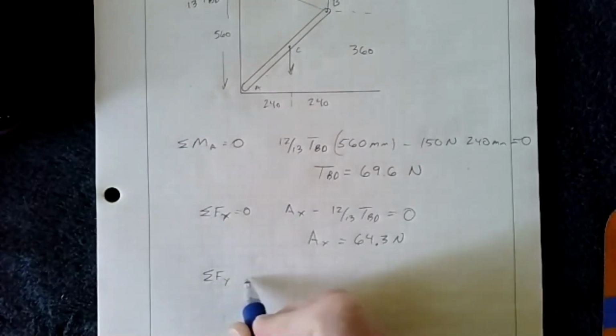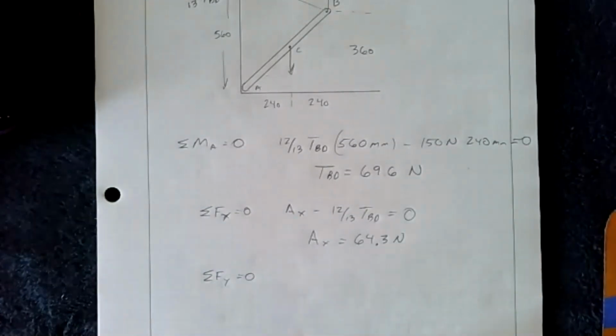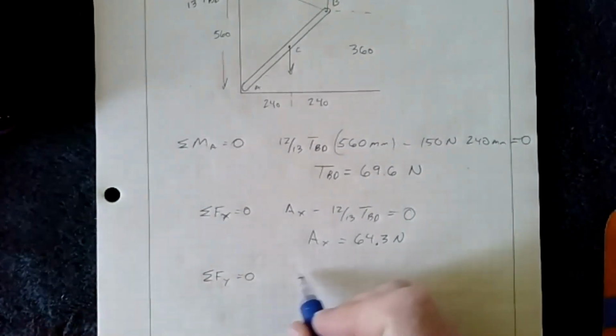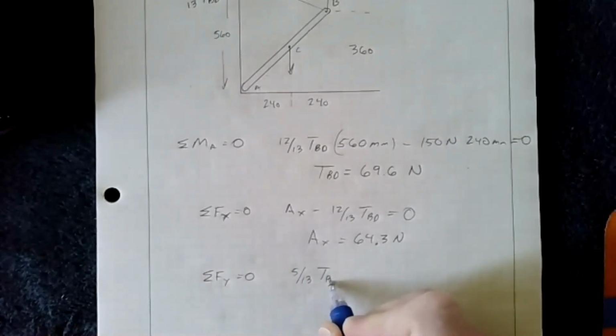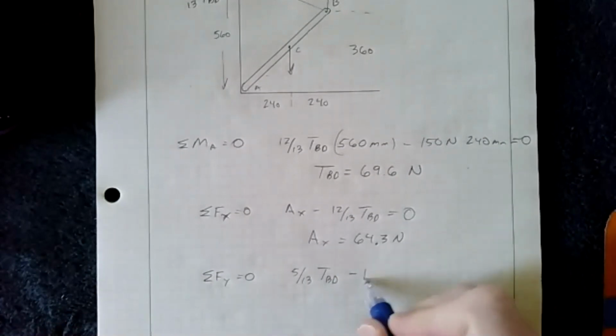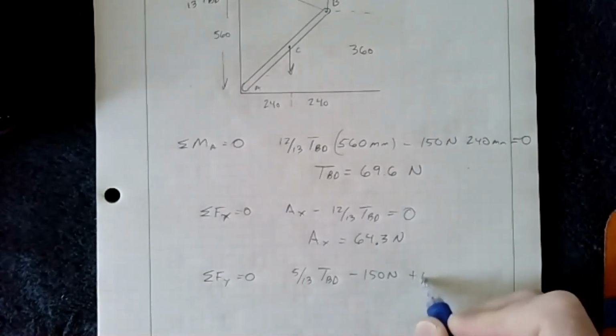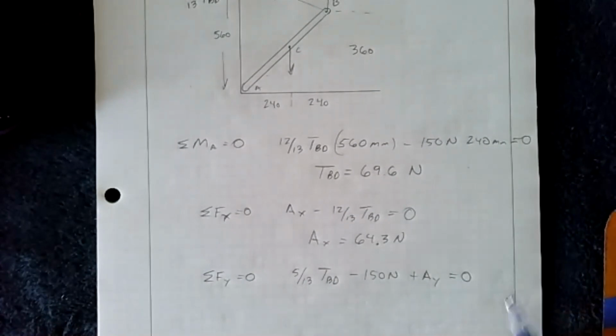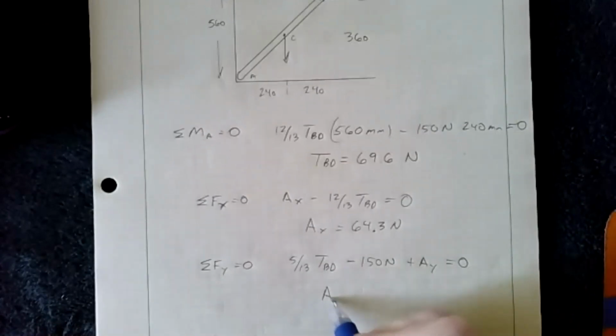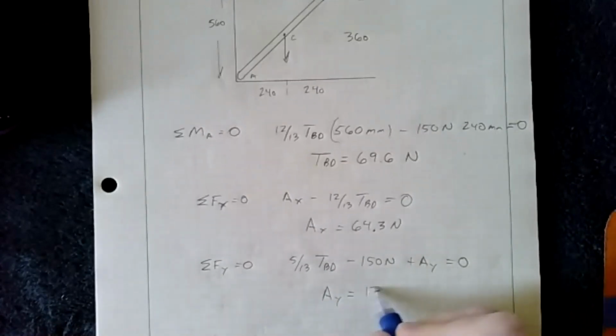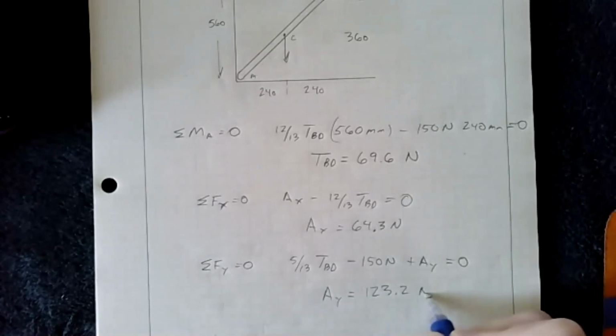Sum the forces in the Y to 0. In that case, we're going to get 5/13 TBD minus 150 newtons plus AY all equals 0. So we get AY equal to 123.2 newtons.